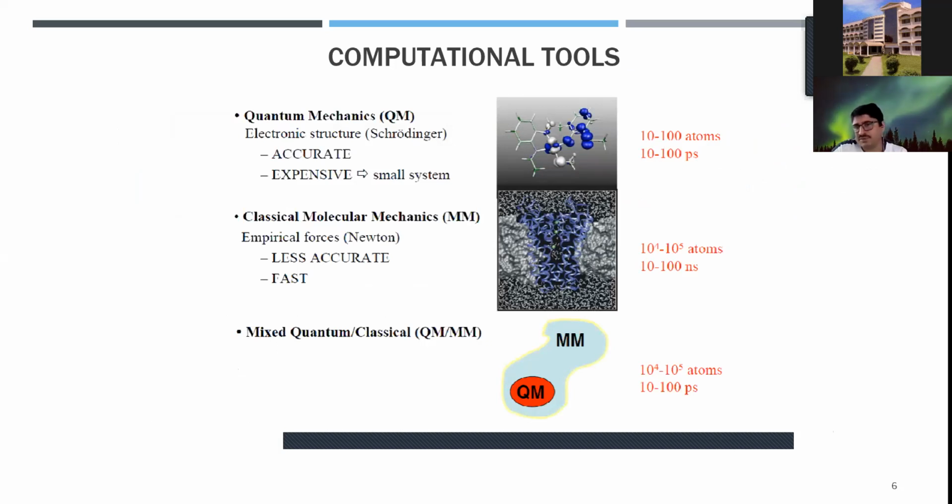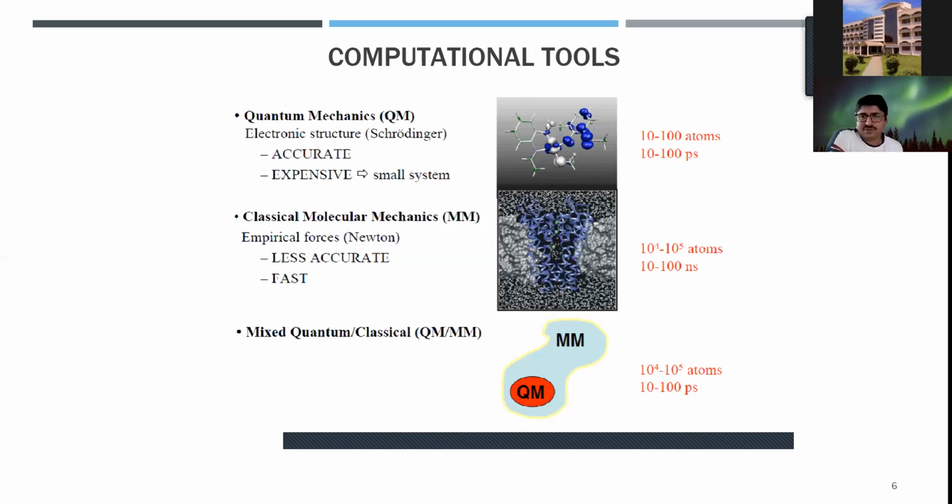Even if you want to do quantum mechanics on supercomputers, it takes time. But if we go for classical molecular mechanics, these are empirical forces. We calculate the empirical forces, and as they are empirical, they are less accurate, but quite fast.